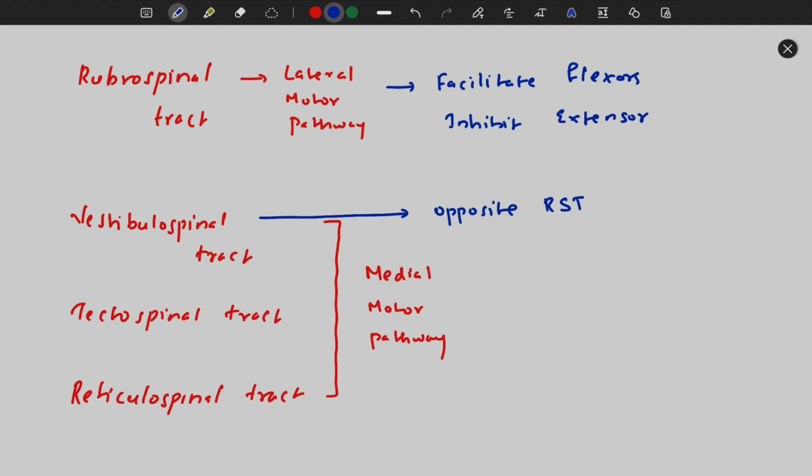Now the tectospinal tract. The tectospinal tract mediates the reflex movement of the head and neck and the eyeball movements as a response to visual stimuli.